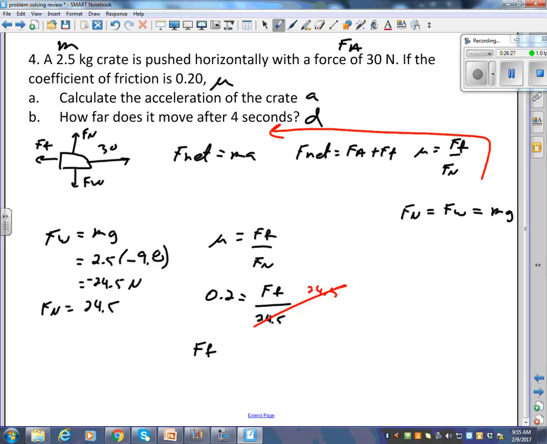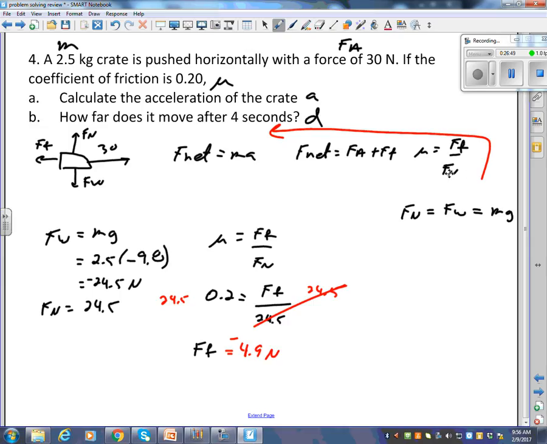Multiply and cancel. So that 24.5 times 0.2, 4.9. And now you have to assign that a value of negative. It's not going to come out of the equation, okay, because it's opposite.